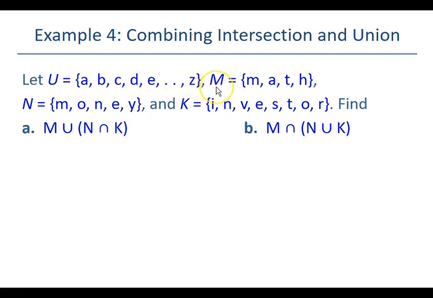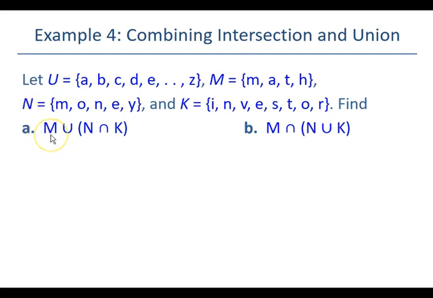Then set M is going to be the letters in the word math. N, the letters in the word money. And set K, the letters in the word investor. Now, we have to understand what they're asking us.